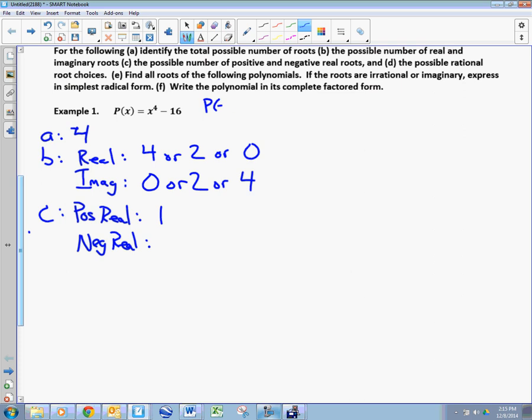So P of negative x is x to the 4th minus 16. It's the same thing, right? The even powers stay the same. The odd powers change. There's no odd powers here. So negative real. How many sign changes? 1. So I have 1 positive, 1 negative. Look at that.